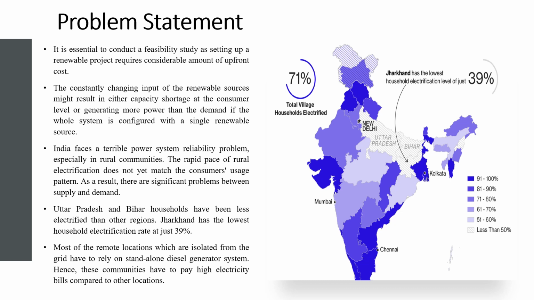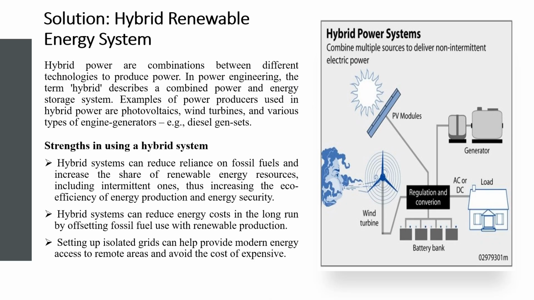Before that, people were using generators and other stuff, but they are really expensive because of the fuel, and the government is not providing other solutions. This is a hybrid renewable energy system, so we used a PV model, a generator, a wind turbine, and a battery bank for storage for both of them, plus regulation and conversion.